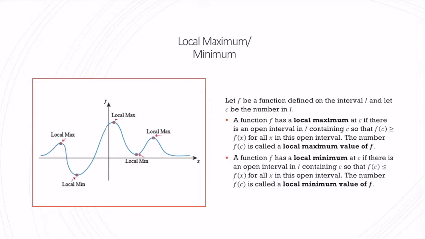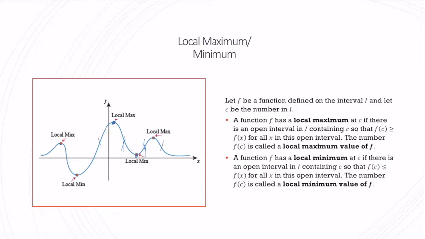Functions can have local maximums and local minimums over an interval if f of x is the largest point for that x on our given interval. So for here, our local max is here, and our local min, we've got another local max.